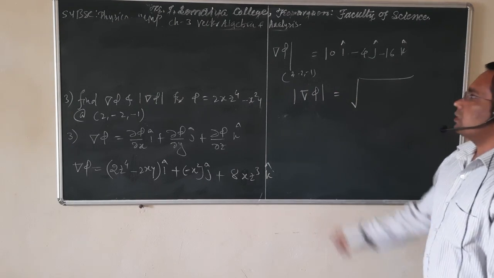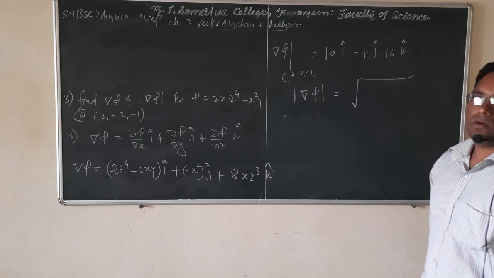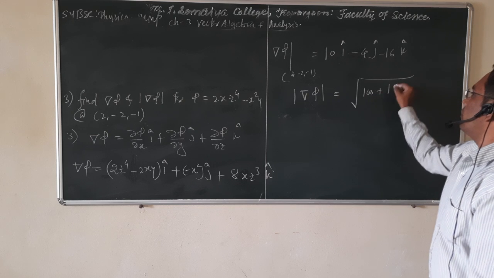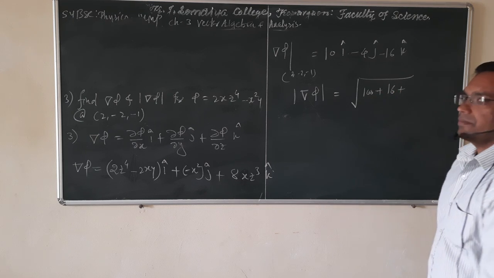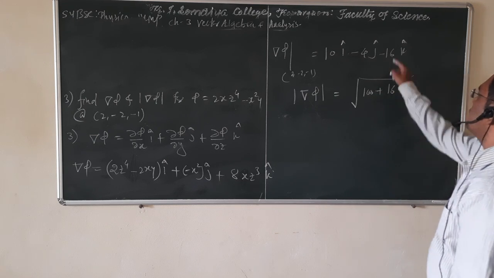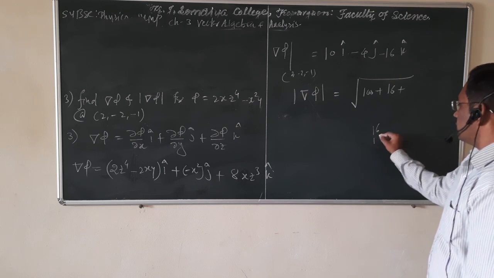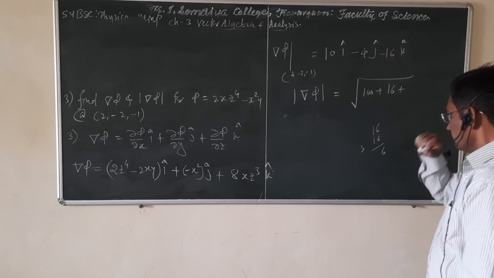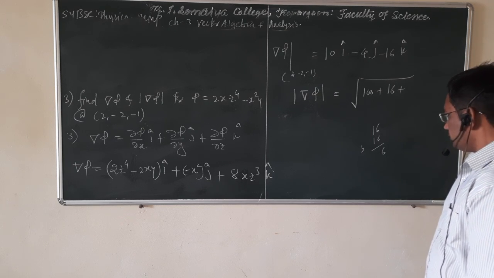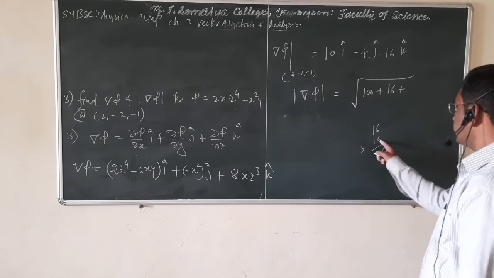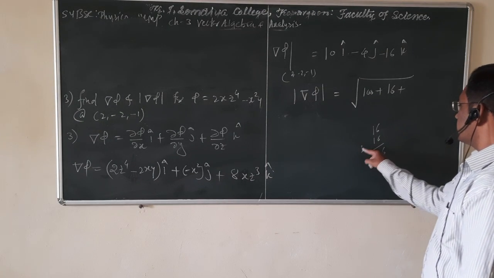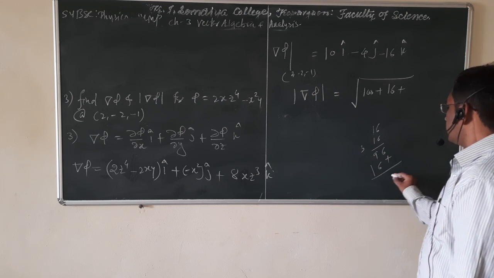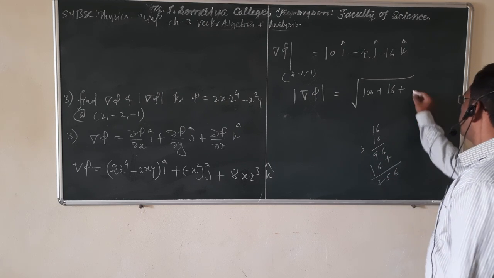Now the magnitude of gradient of phi is the square root of the squares of all these three terms. So square root of 10 squared is 100, 4 squared is 16, and 16 squared is 256.